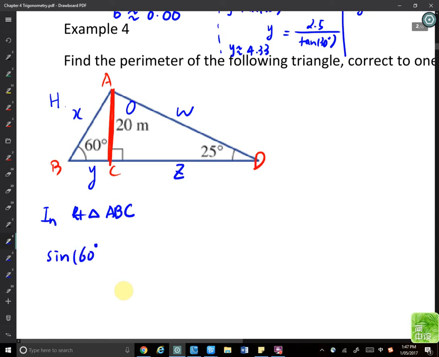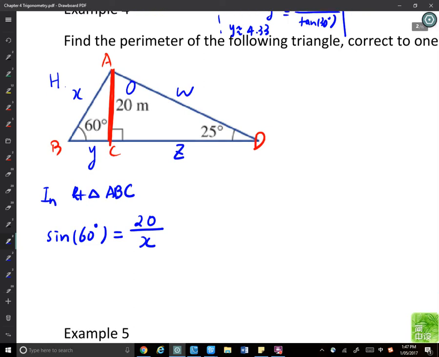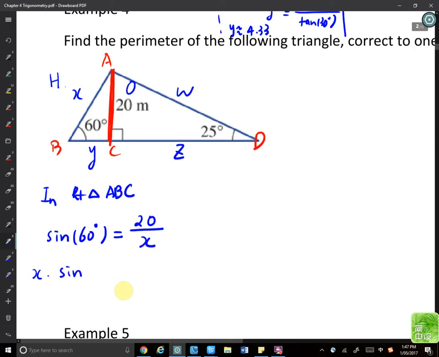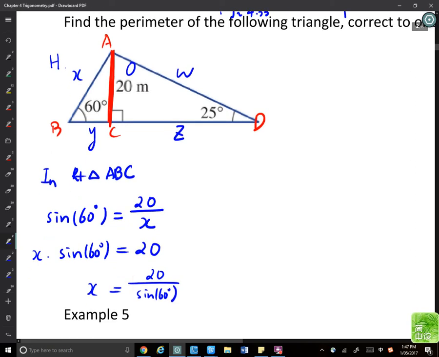Sine 60 equals 20 meters over X, the hypotenuse. So sine 60 equals 20 over x. So x times sine 60 equals 20. Then x equals 20 over sine 60. That's how I work on my x.